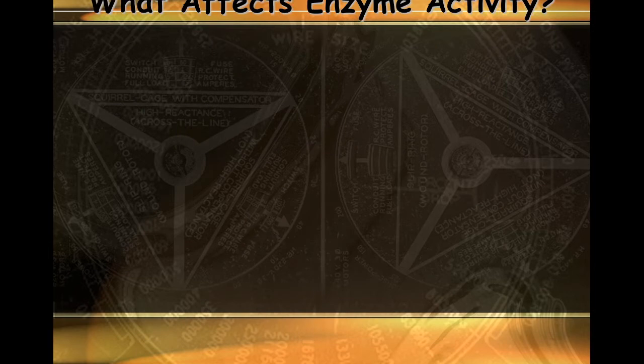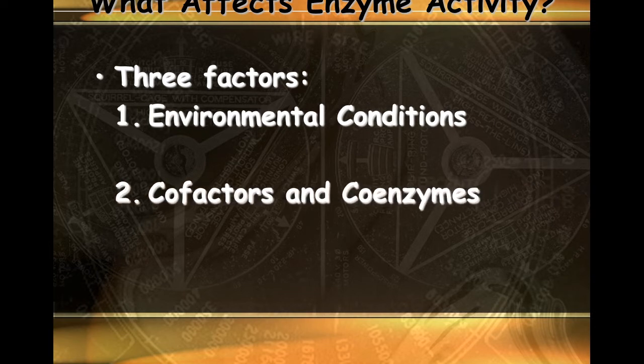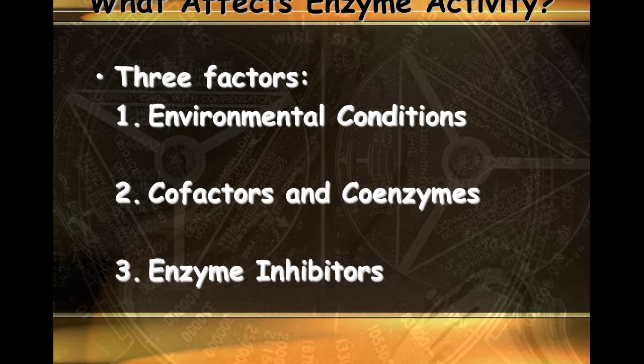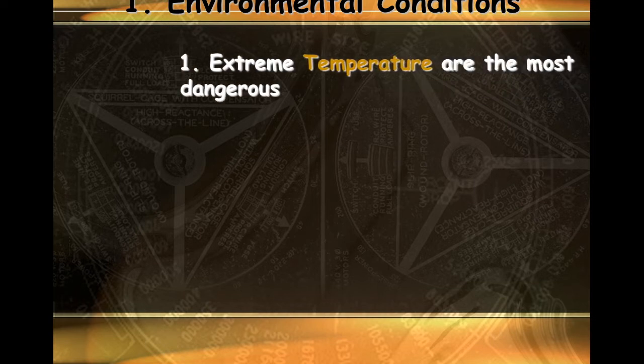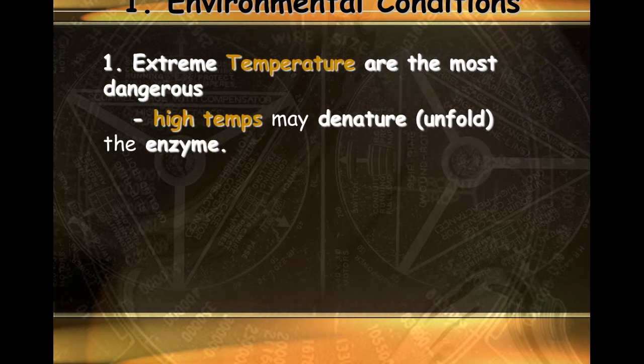What affects enzyme activity? Three factors: environmental conditions, cofactors and coenzymes, and enzyme inhibitors. Environmental conditions. Extreme temperatures are the most dangerous. High temps may denature or unfold the enzyme.